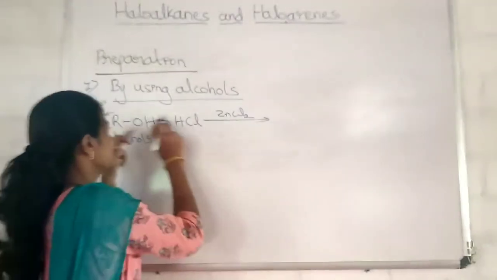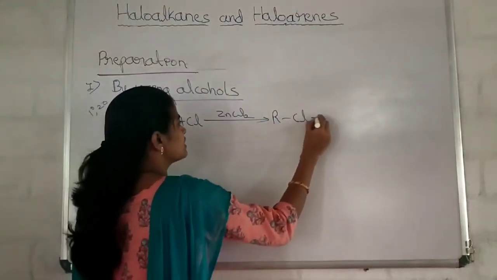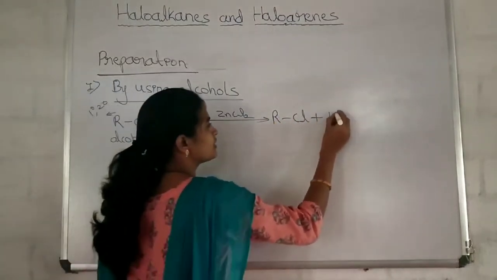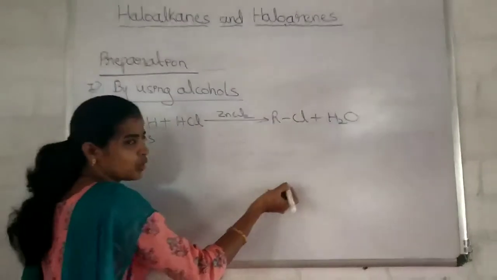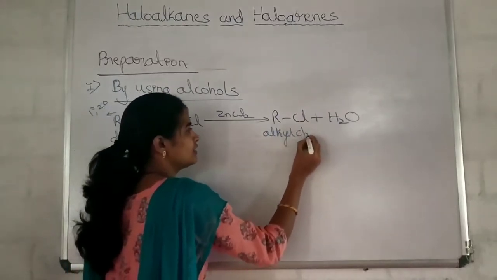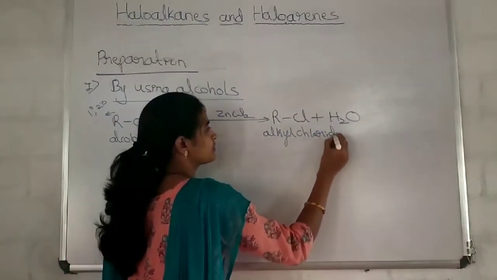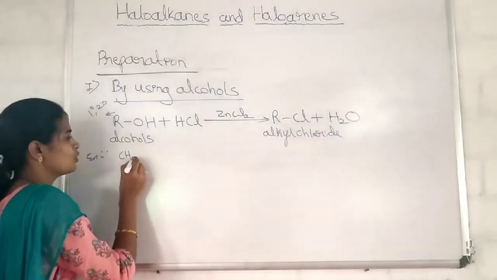Replacement of the OH group takes place. The side product is H2O, and the main product is alkyl chloride. Let us write an example. Where R is there, we use CH3. Don't go for the benzene ring.